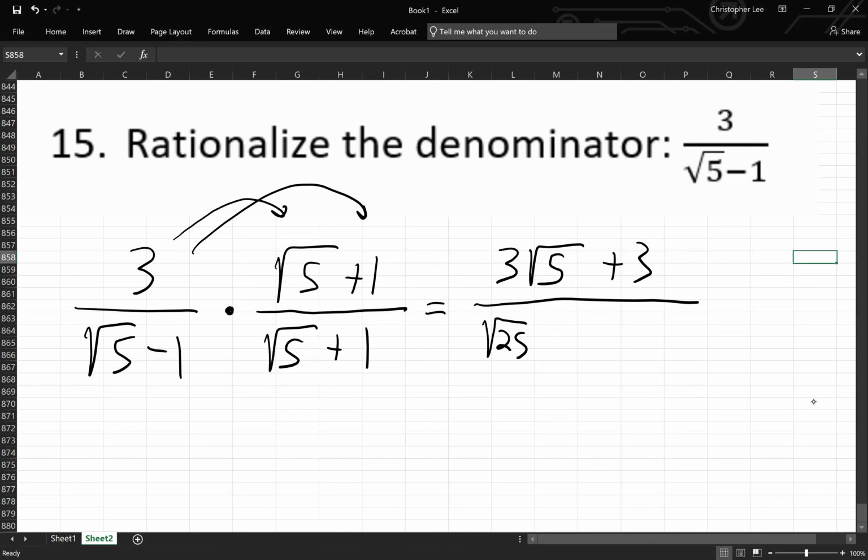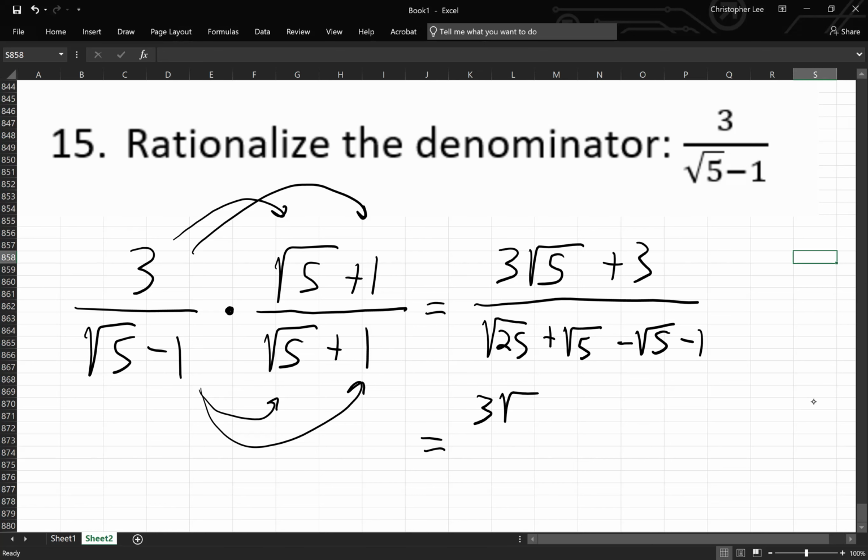Square root 5 times positive 1 is square root 5. And then negative 1 times square root 5 is negative square root 5. And then negative 1 times positive 1. Negative 1, right? Let's simplify that.